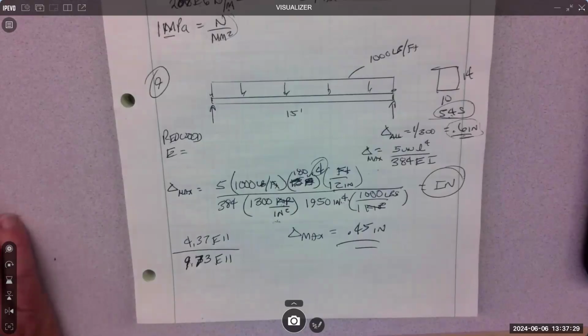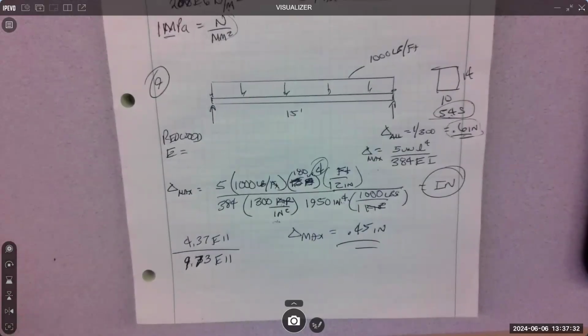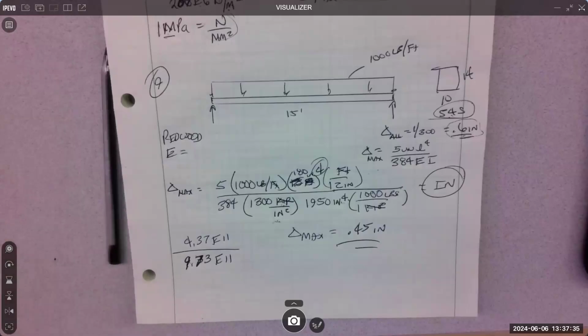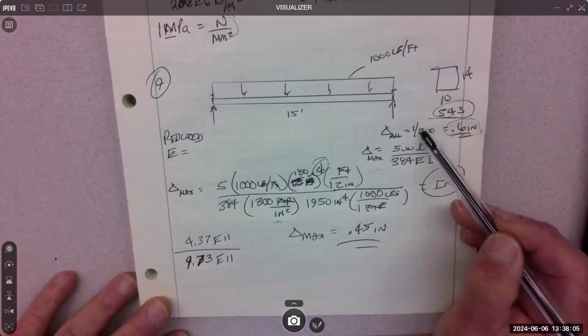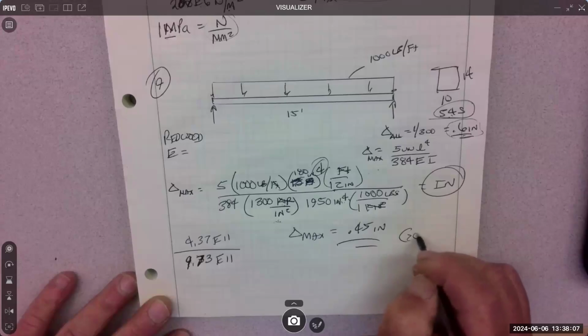Job security, so I'm glad they did it. We matched the book. And it is definitely less than the 0.6, which is the 1/300th, so this thing is good.